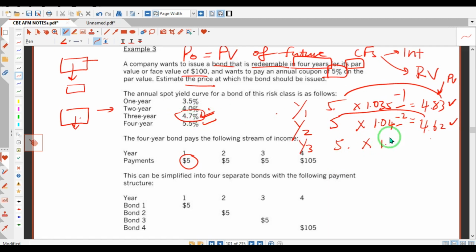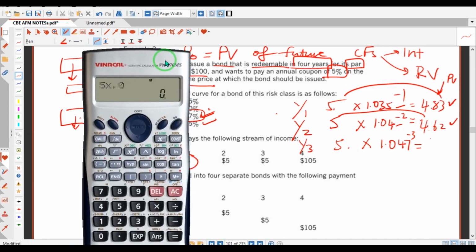So the banker advised me that the interest is 4.7%. So I'm going to invest this today. How much do I put in today to get $5 in 3 years' time? That's what we're going to look at here. So we're going to take my calculator back.